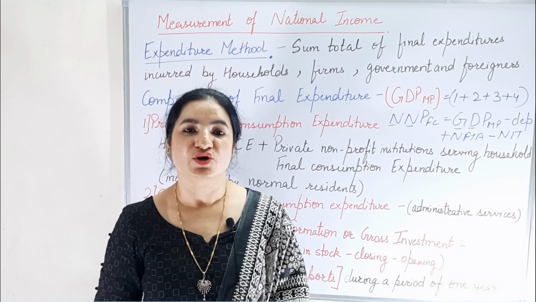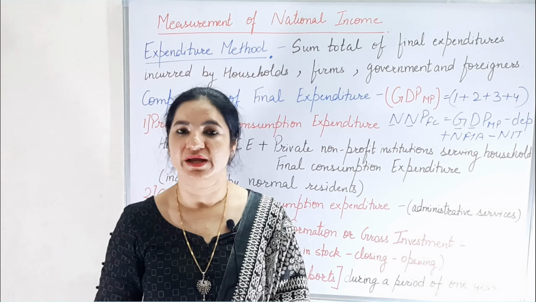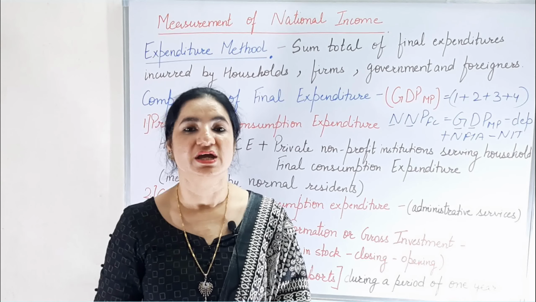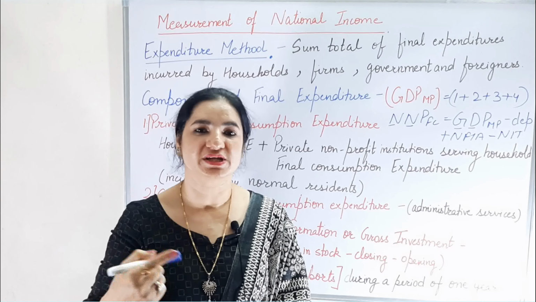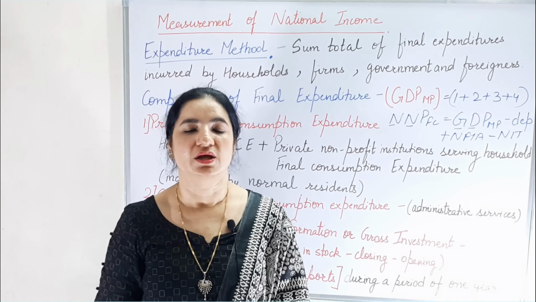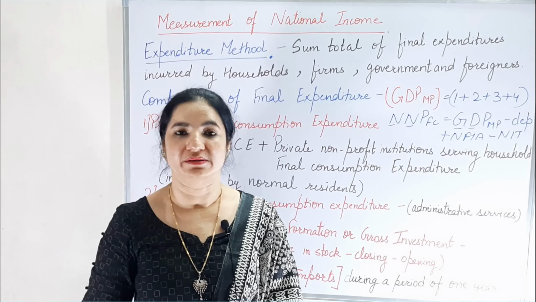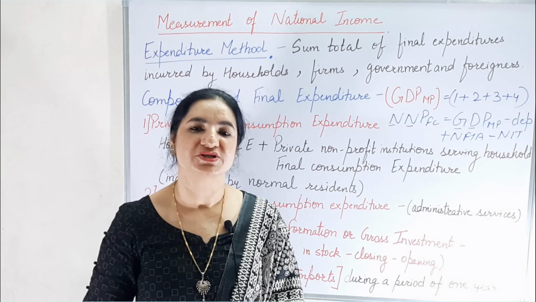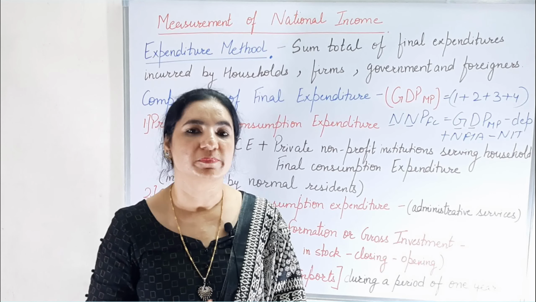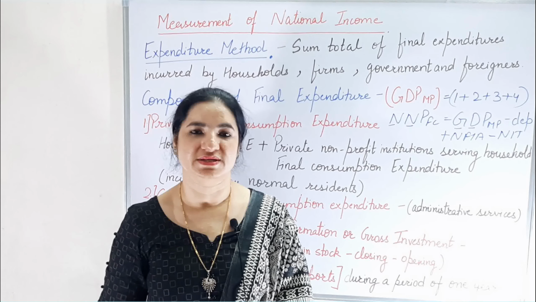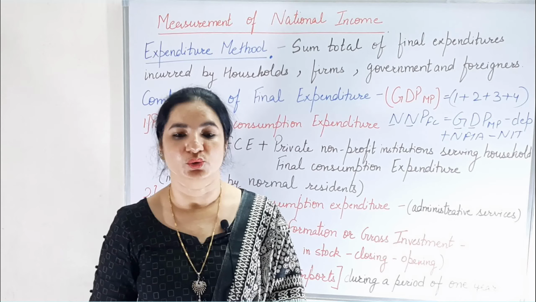Third is purchase of second hand goods. Purchase of second hand goods is not included because it was included when originally such expenditure was done. So for second hand goods only we will not include, but the brokerage or any commission which is paid on purchase or sale of such an asset will be included.